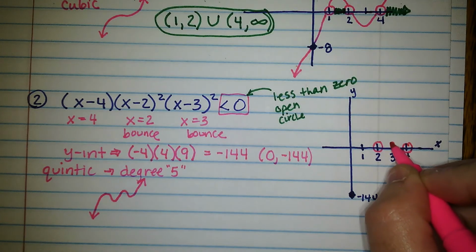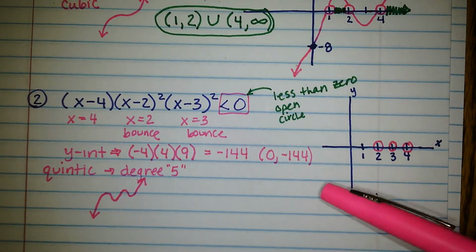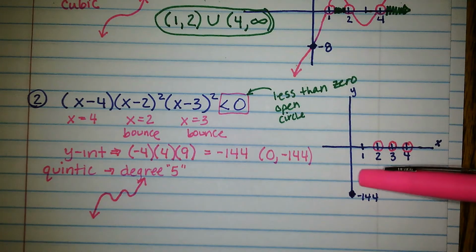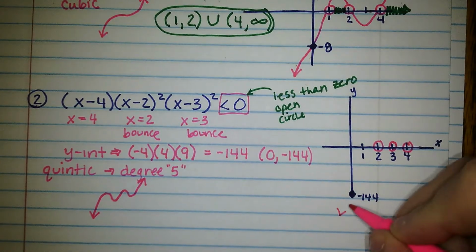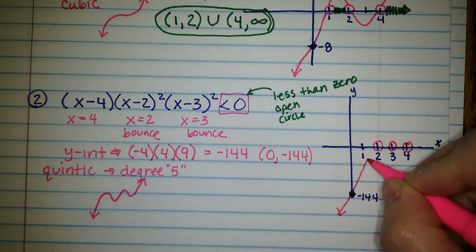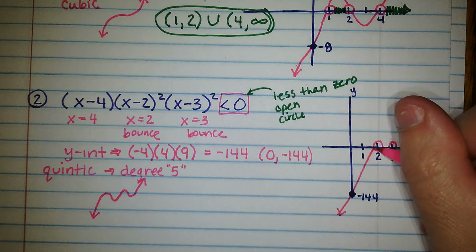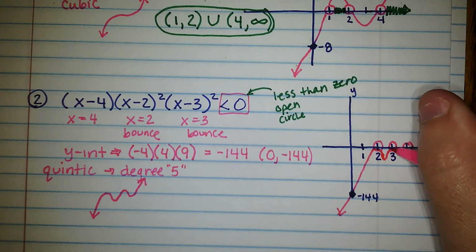Now this is going to be tight. The other thing we need to remember is that there is going to be some wiggling going on in here because it's a quintic. It's got to start bottom left. It's got to cross through that negative 144. So it's looking like down here, we're going to go through negative 144. We're going to come up, we're going to bounce at 2. So come back, bounce, come back, bounce.